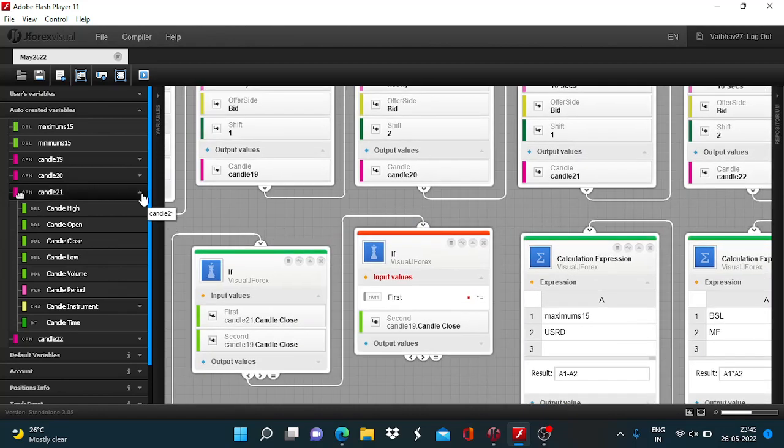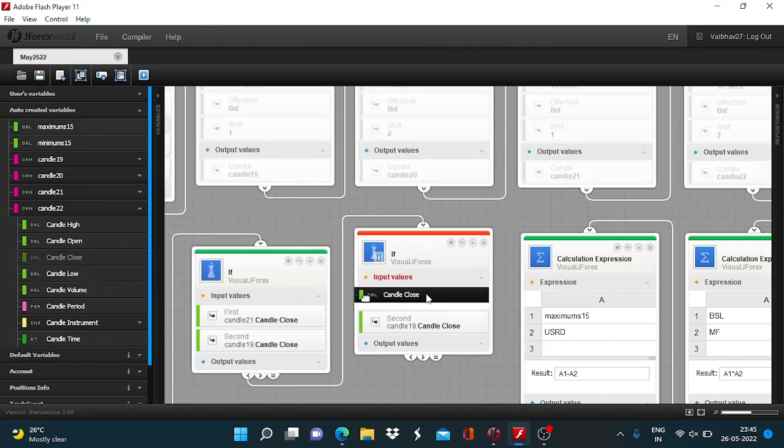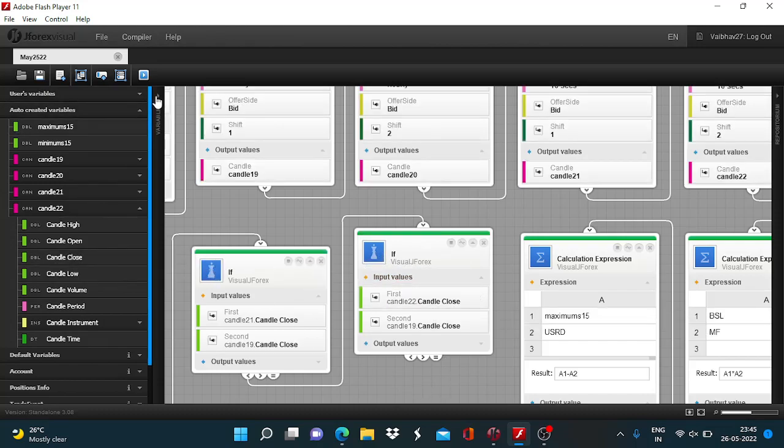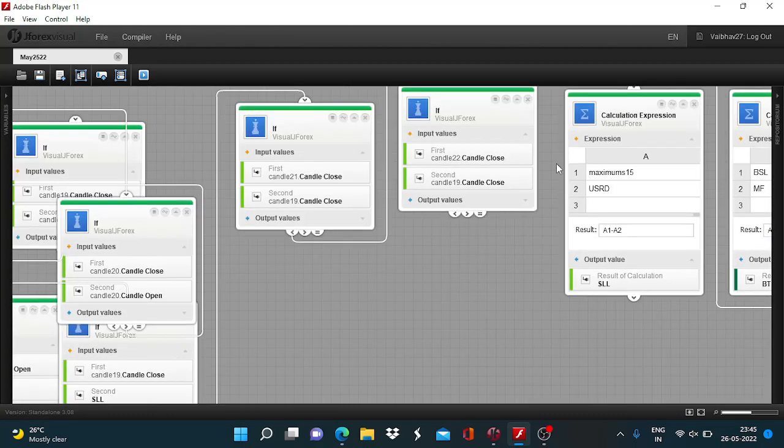And candle 22 candle close needs to have been greater than the candle 19 candle close.